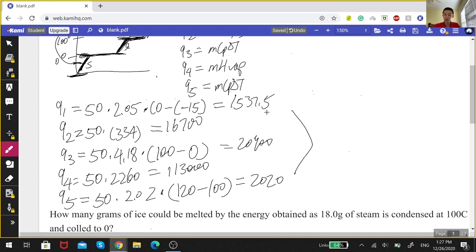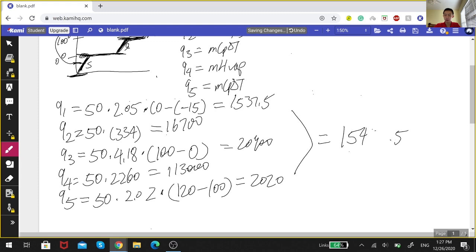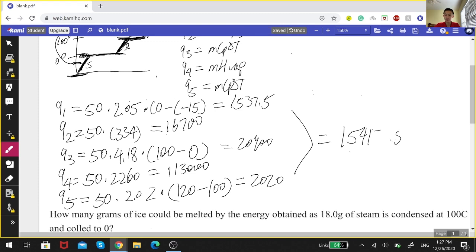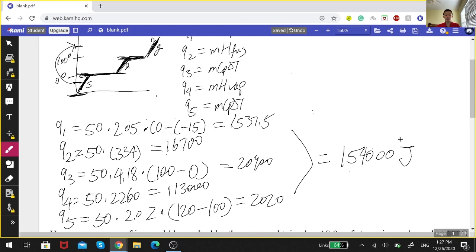And it will give you a final answer of 154157.5. And if we were to round it to the correct number of significant figures, which is 3, we're going to round it to 154,000 J. Now, are we increasing temperature or decreasing temperature?